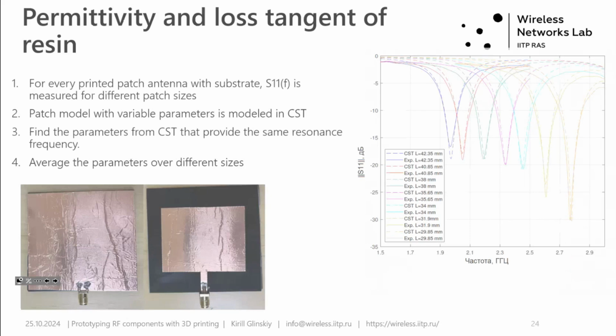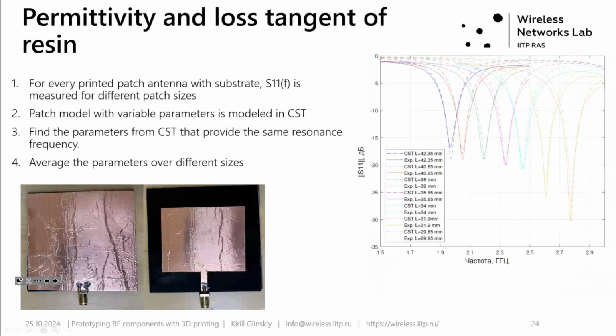So what was our approach to this issue? We have created an antenna-based dielectric permittivity measurement approach. We create a set of patch antennas with our 3D printed substrate and some copper foil attached to it, both at the ground plane and at the antenna patch plane.